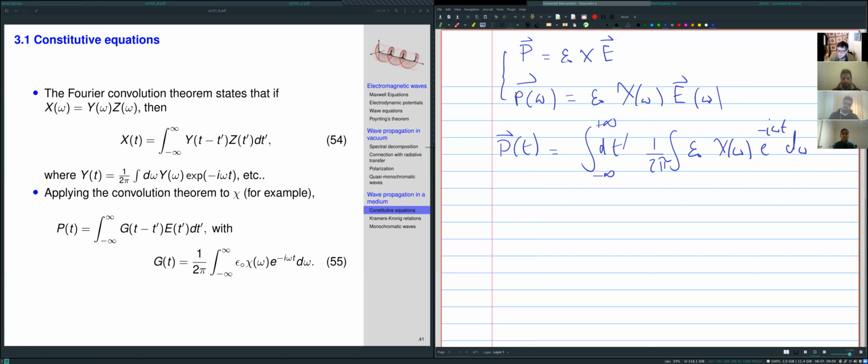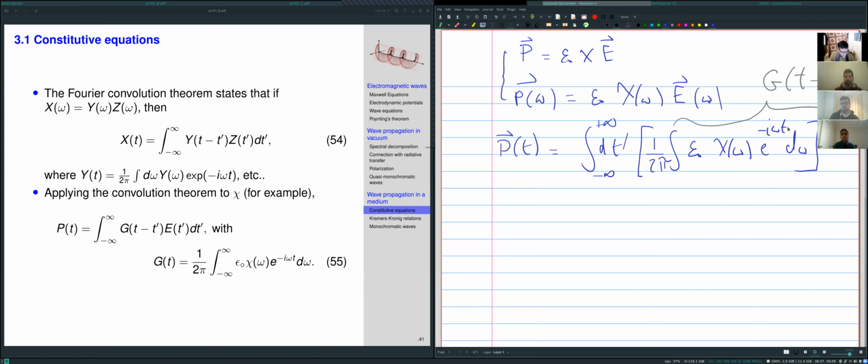That would be what's called, I'm going to use another color here. So all of this is G of t minus t prime. Back to blue.